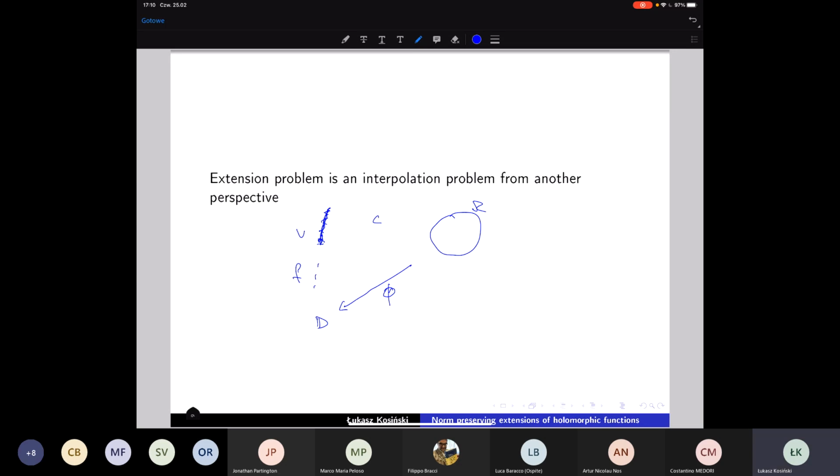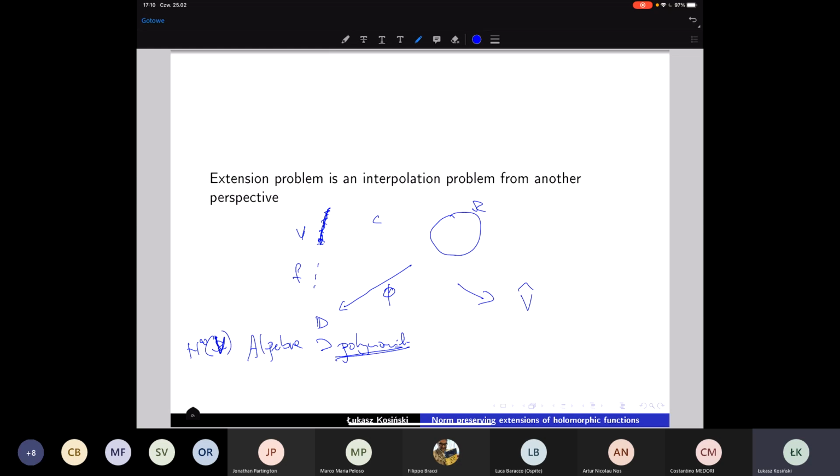Some analysis shows what I mean by structure. We want to deal with some algebra that contains polynomials. Of course, the smallest one is the algebra of polynomials. The biggest one is the algebra of bounded holomorphic functions on omega or on V. So considering this, we can always pass to the envelope of holomorphy of V, and then it is quite simple to show that this set is analytic.